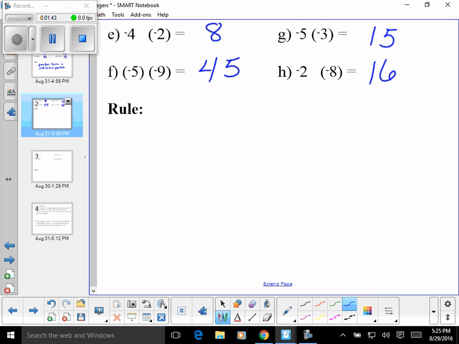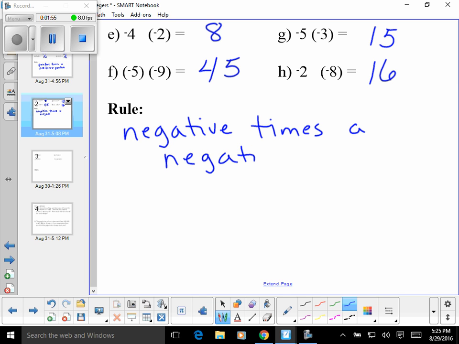Now here, remember, we're taking a negative times a negative, and it equals a positive integer.